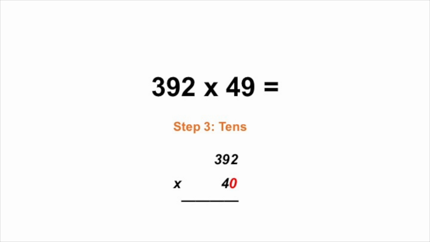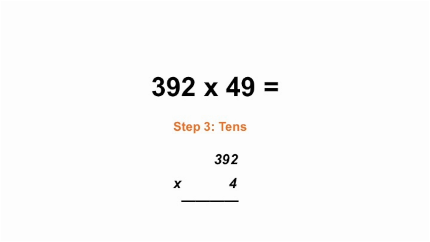Now, we move on to the 10's. And how many 10's do we have? 4. So it's 40. But remembering our trick with the 0, what do we need to do with the 0 first? Remove the 0.